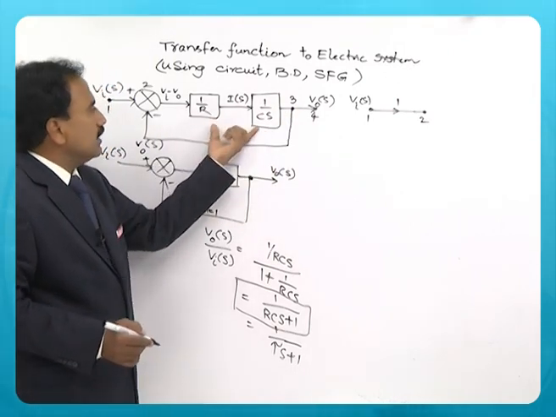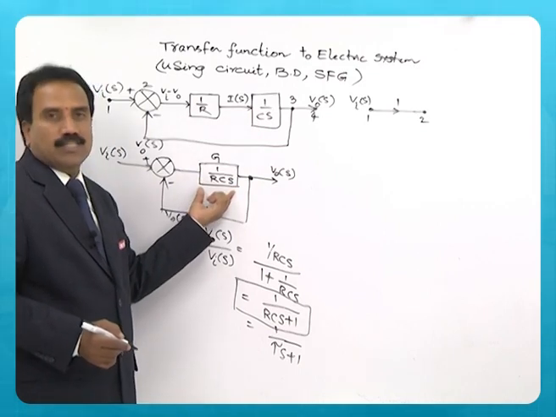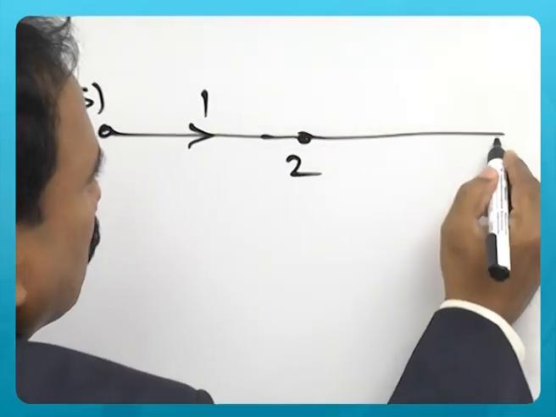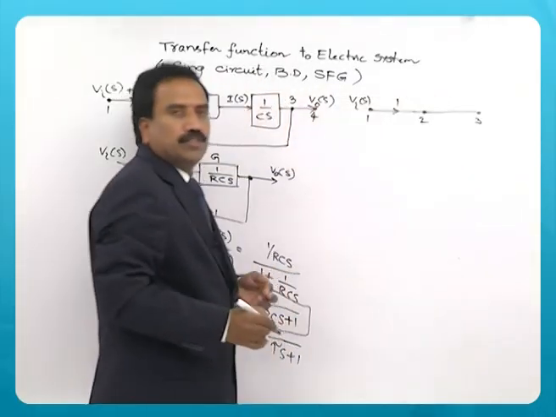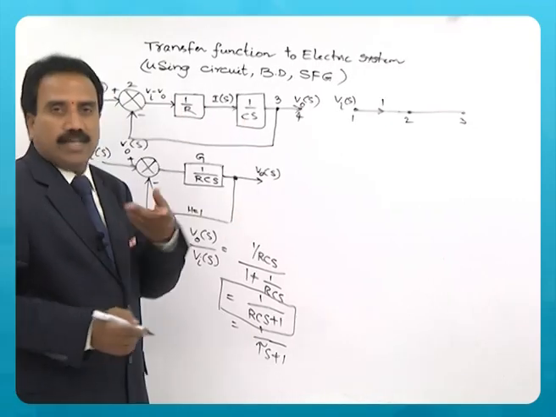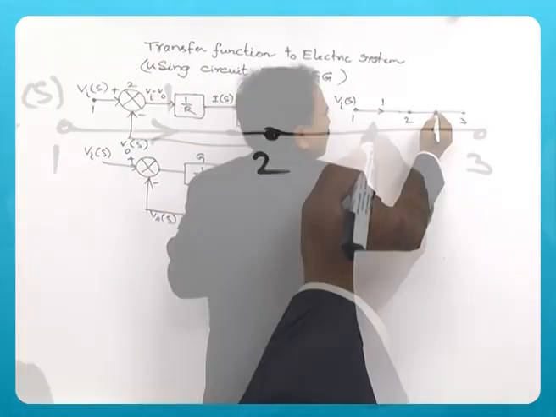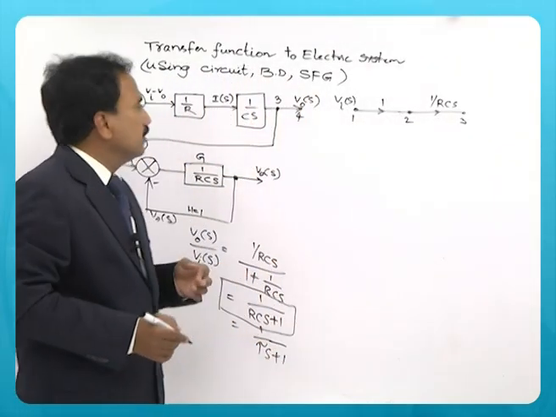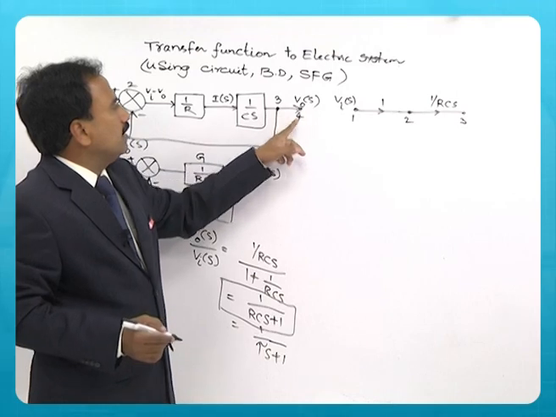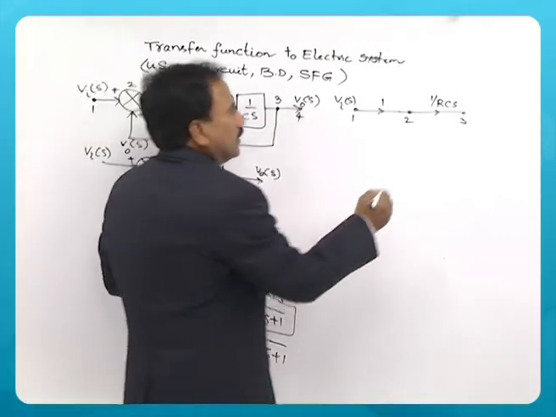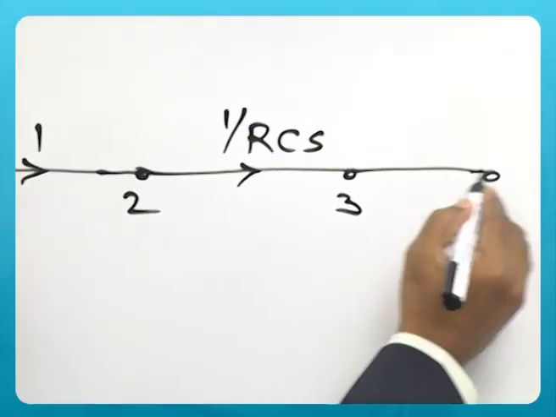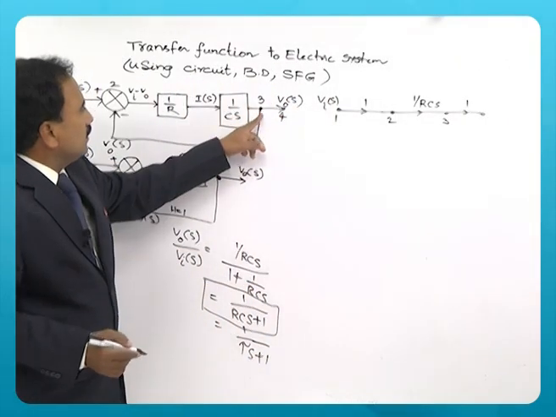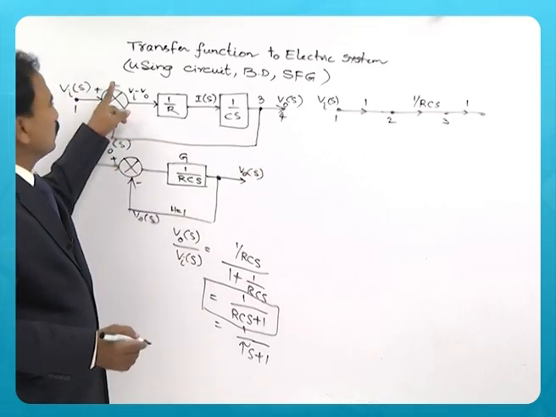Now from node 2 to node 3 you can see that there are 2 blocks in cascade. Actually this resultant is already seen here as 1 by RCS. So you can just get 1 by RCS as the gain of that. Then from 3 to 4 again there is no block, so the gain of that can be treated as 1. Now you can see that 3 is connected back to 2.